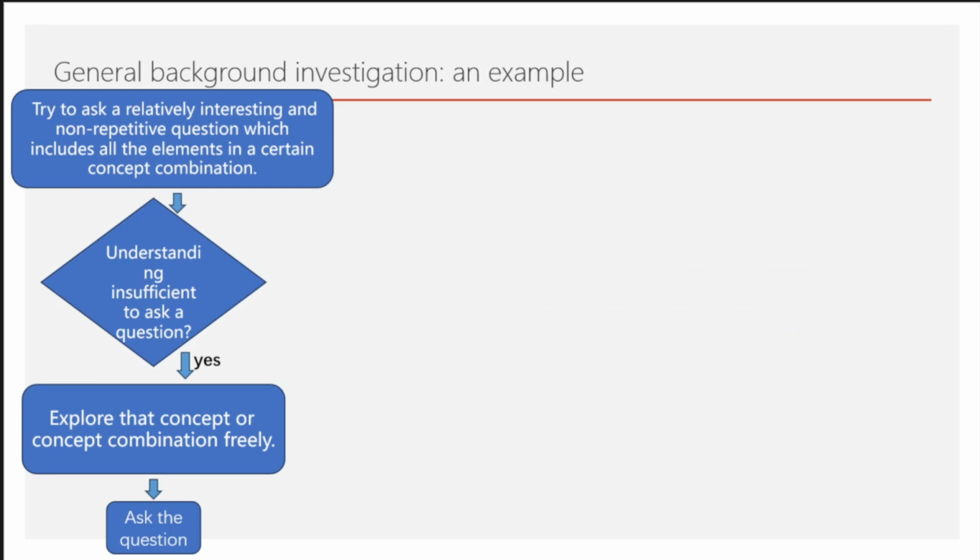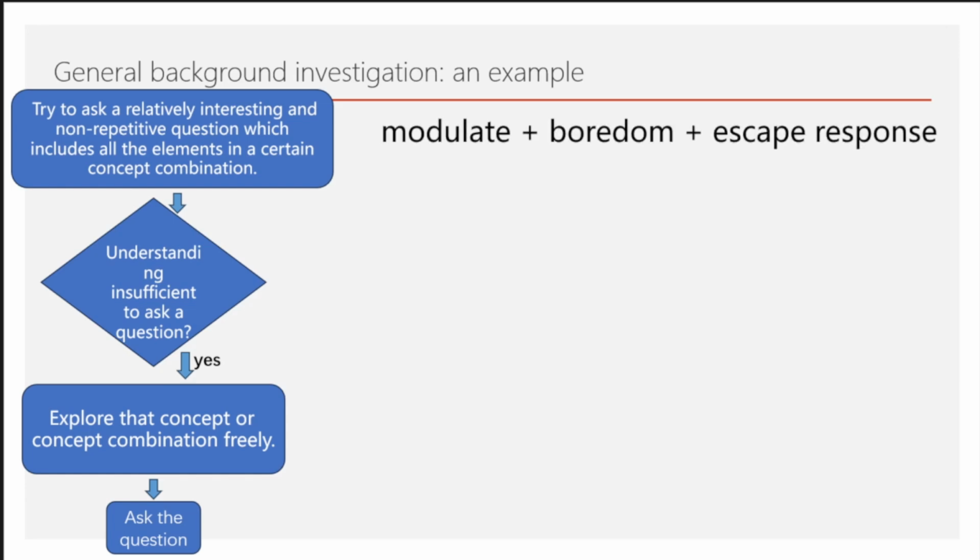And likewise, I would also use an example to illustrate the workflow of general background investigation. Say I was trying to ask a question for the combination modulate plus boredom plus escape response. But during the attempt, I realized I didn't really understand the modulate.